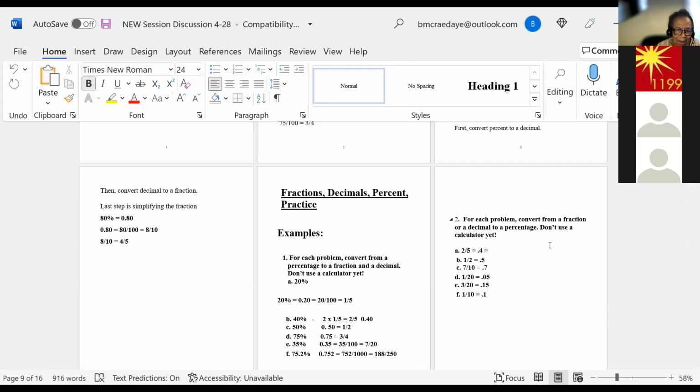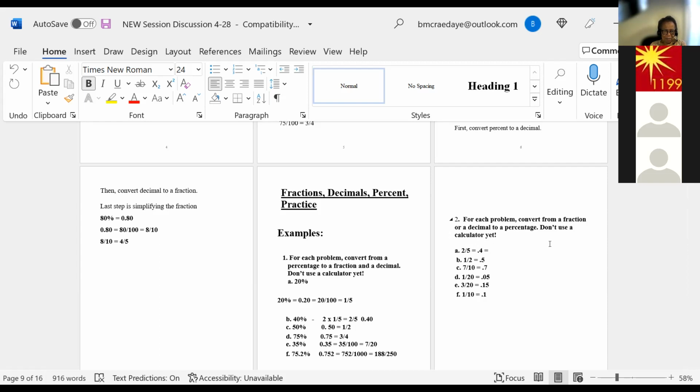Percent, not fraction. It's already a fraction, 2 over 5. It's already a decimal, 0.4. All I want is a percent. 0.4 is a decimal. A percent will be a number with a percent sign. What is it, Mercedes?